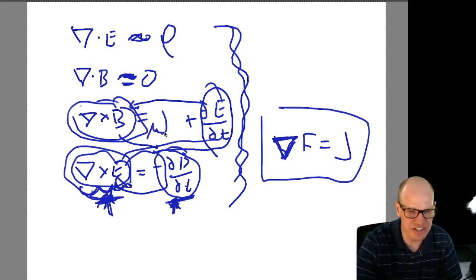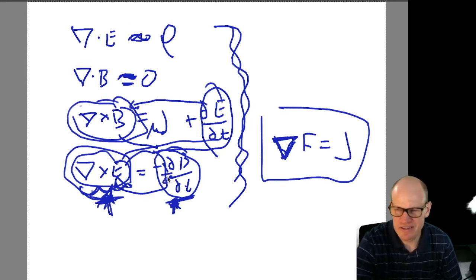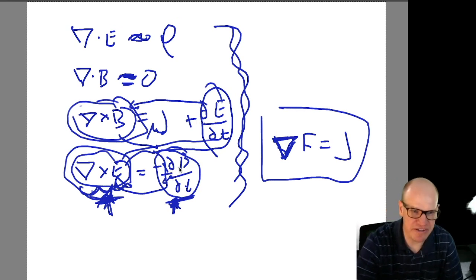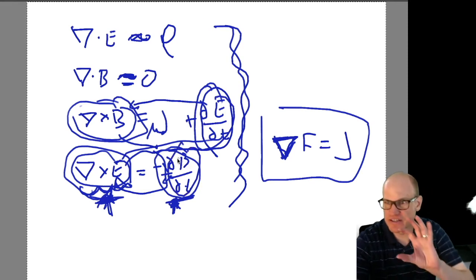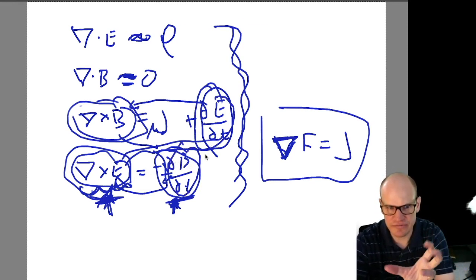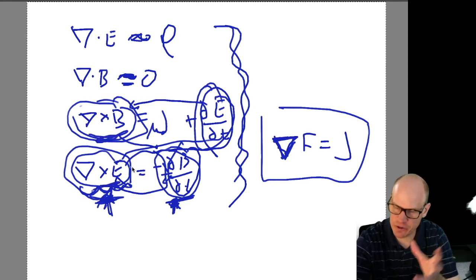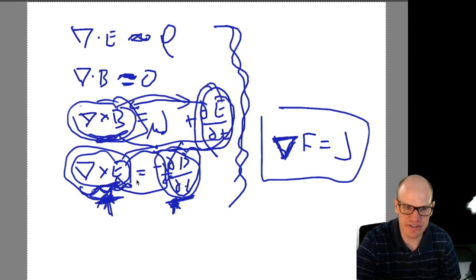I think that's mu naught J, and there's probably 1 over C squared here. Anyways, if everything's set equal to 1, then you don't have to worry about that. So this relationship, the fact that a time varying electric field or a time varying magnetic field will induce a change in its counterpart, that's where electromagnetic radiation comes from.